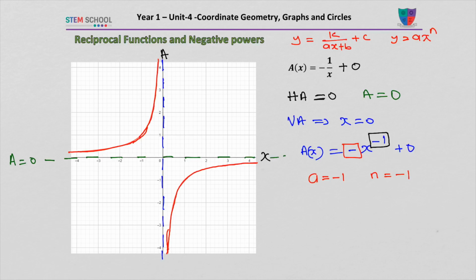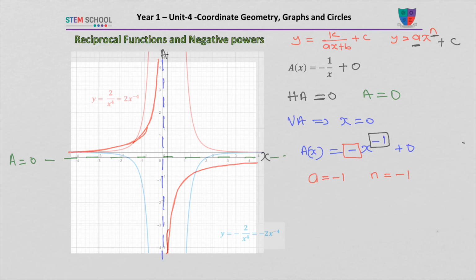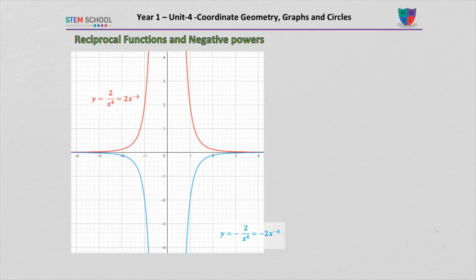Here a is negative, n is minus 1, so that tells us the shape. Oh, don't forget it's plus c as well. Now we've got this graph here to work on. This is the y axis, and that's the x. So we've got two situations here.